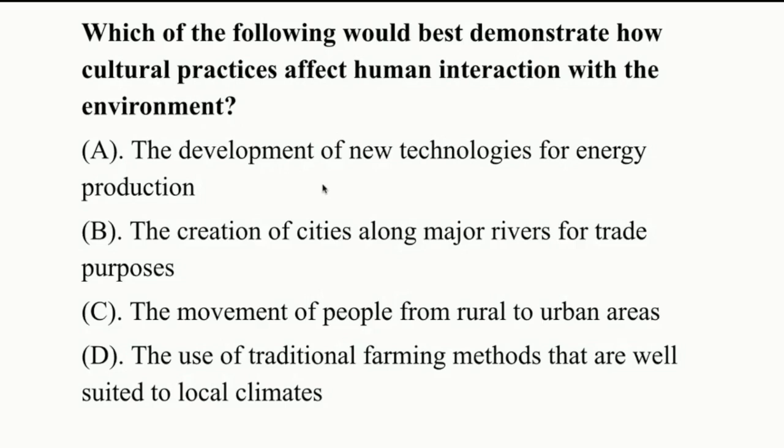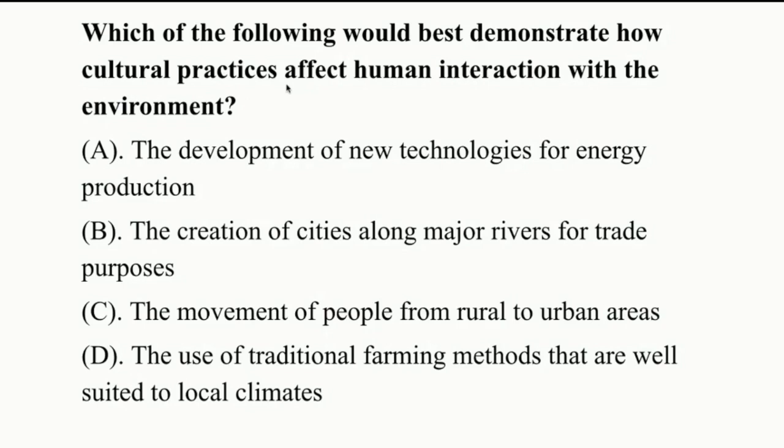B, the creation of cities along major rivers for trade purposes. Again, we're looking for cultural practices, and the creation of cities is not necessarily a cultural practice in the environment. Letter C, the movement of people from rural to urban areas. Well, that definitely does happen, but it's not an actual cultural practice that also connects to the environment.